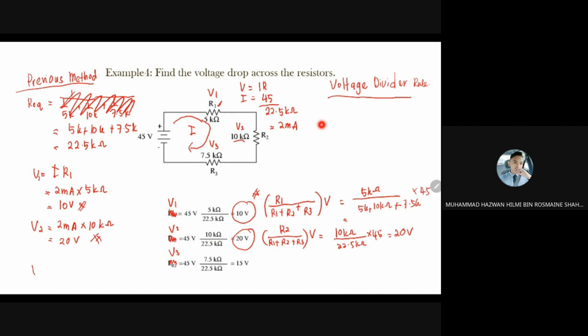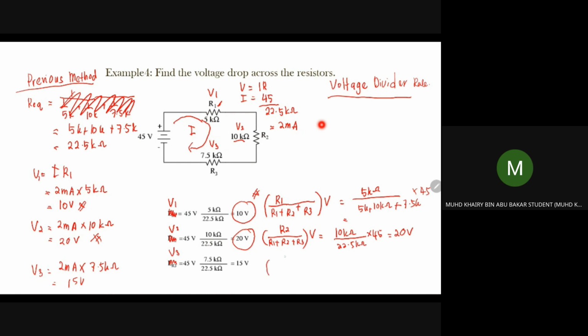V3 is equal to 2 milliampere times 7.5 kilo ohm. So how much do you get here? 15. Okay, 15 volt.